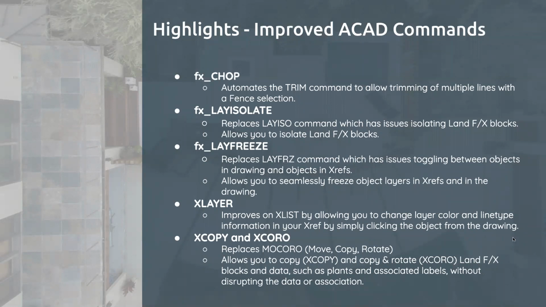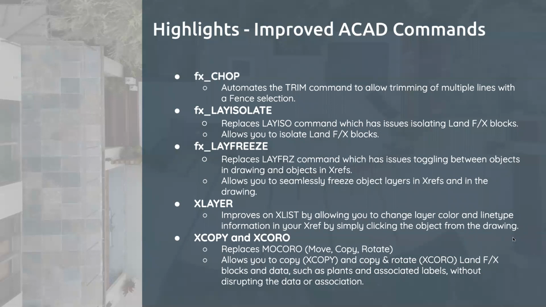FX lay isolate replaces the lay ISO command, which has issues isolating land effects blocks. If you use lay ISO, the regular AutoCAD command, and you click on a land effects block, you can have basically everything in your drawing disappear or some other wacky behavior. So FX underscore lay isolate really cuts down on that process.